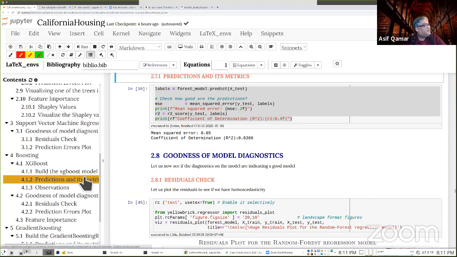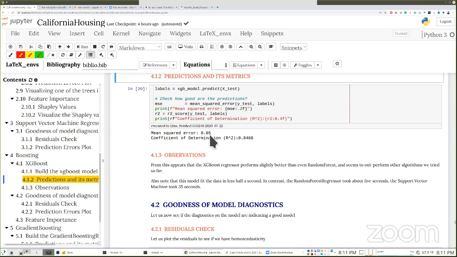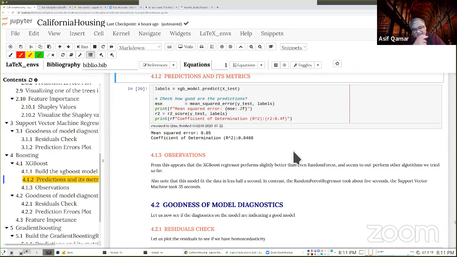And what do we have here? Same, but it's a little bit better. XGBoost is a little bit better. Why is it? Because XGBoost tends to overfit the data even less than random forest.